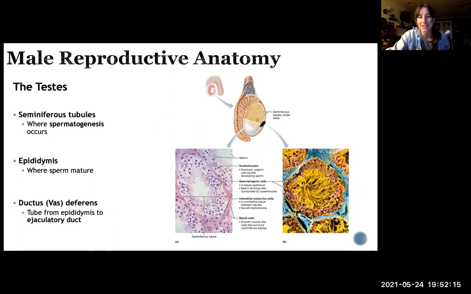Okay, so inside of this little egg-looking structure right here, you have a bunch of tubes, and in the middle of the tubes, you have stem cells, which mature and divide and mature until you have what are called spermatids, which are basically baby or immature sperm cells that are hanging out in the middle, in the lumen of the tube, okay?